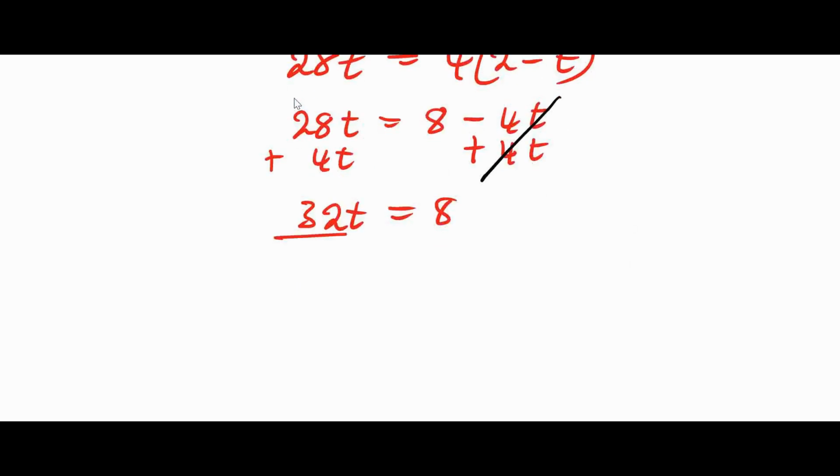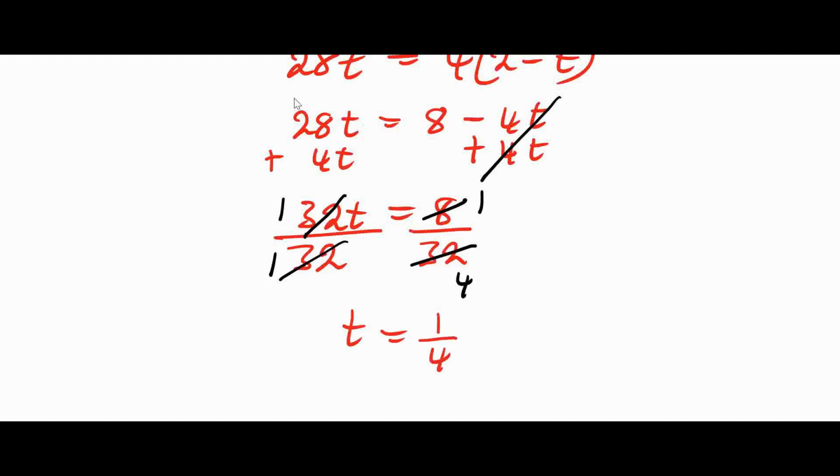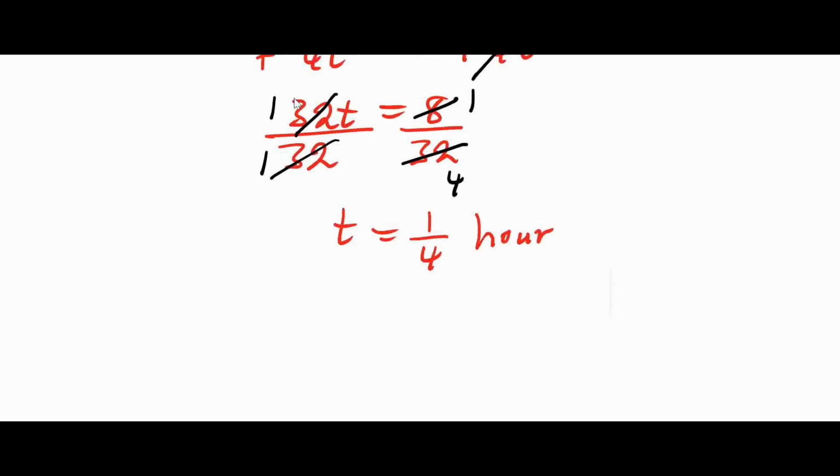Now divide both sides by 32, and 32 divided by 32 is 1, and 8 divided by 8 is 1, and 32 divided by 8 is 4. So t is equal to 1/4 hour.